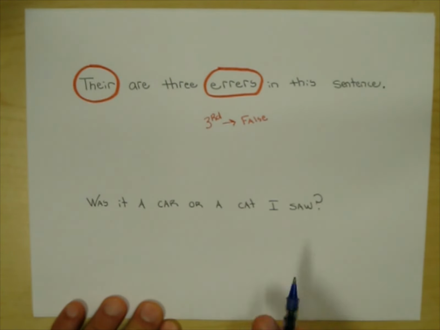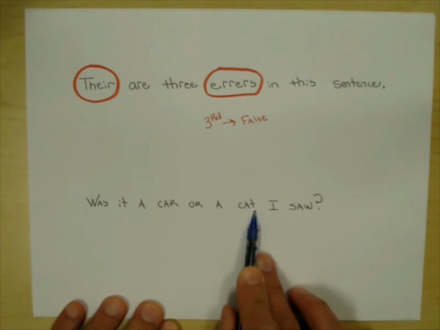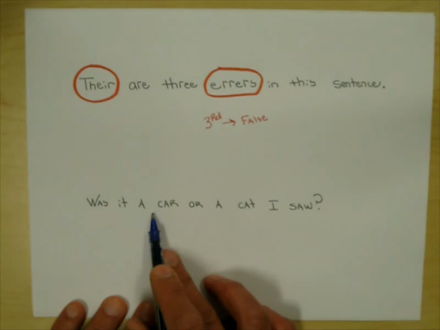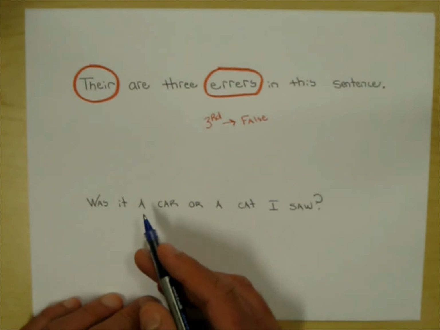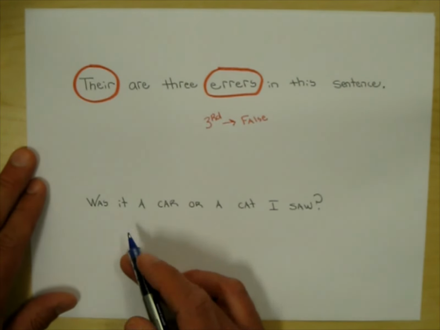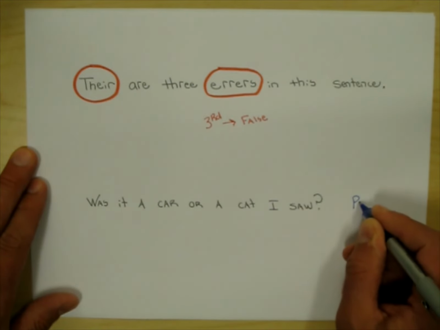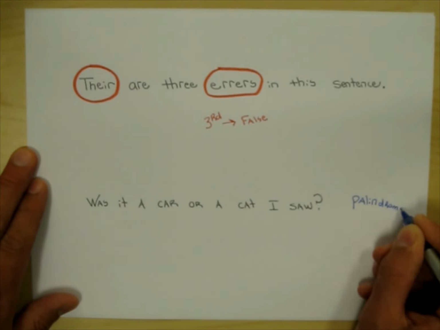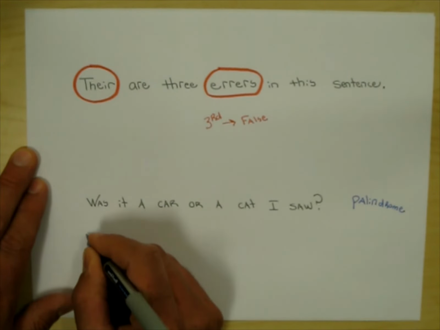So watch this. Was it a car or a cat I saw? So I'm going to put some other ones out, in case you were wondering, what did he say? Palindrome. So here's a good one.